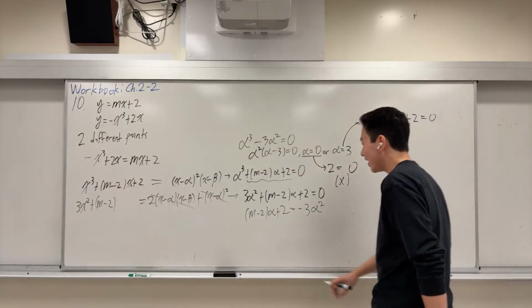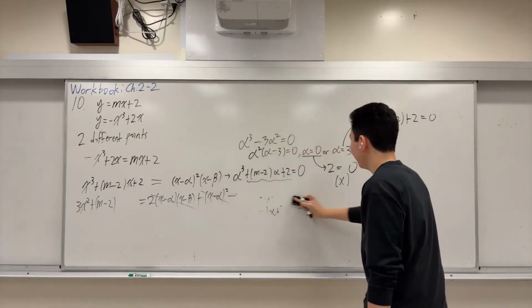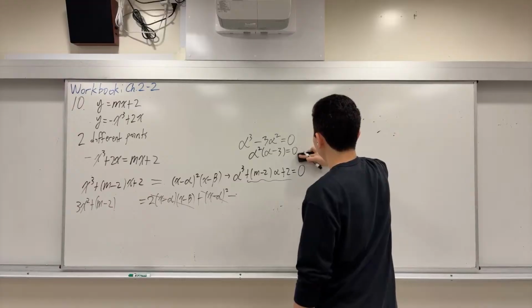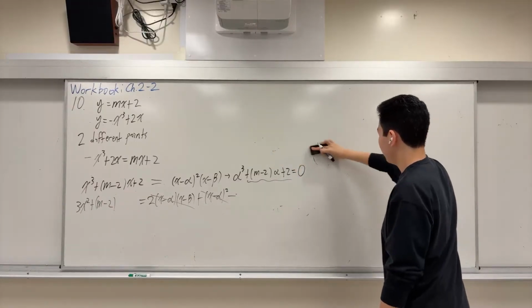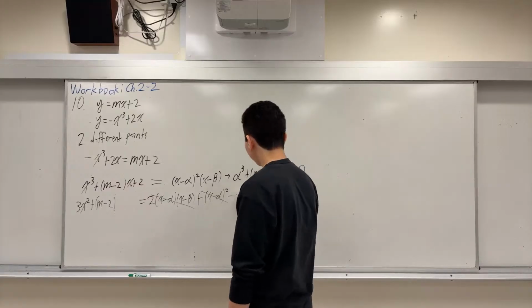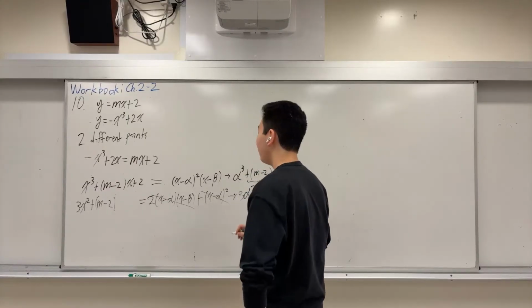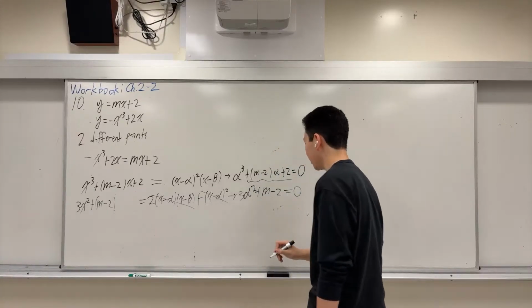So when we plug in alpha, it should be, okay, let's go over this again. Okay, so 3 alpha squared plus m minus 2 should be equal to 0 on all sides.